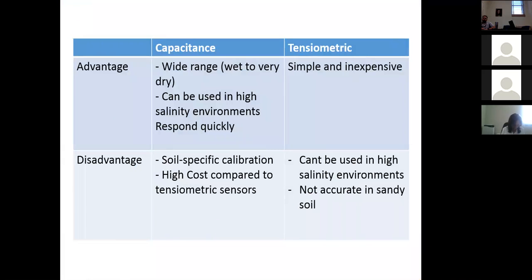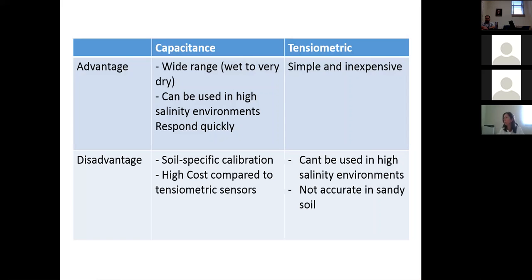So, the advantages and disadvantages of those two kinds of sensors. For the advantages of capacitance, sensors can be used in high salinity environments, respond quickly, and have more accurate measurement. For tensiometric tools, the advantage is they are simple and not expensive.